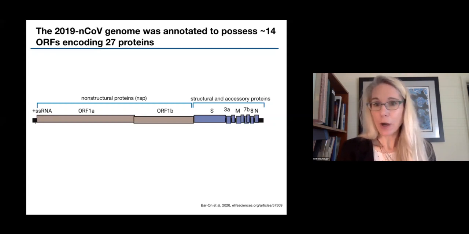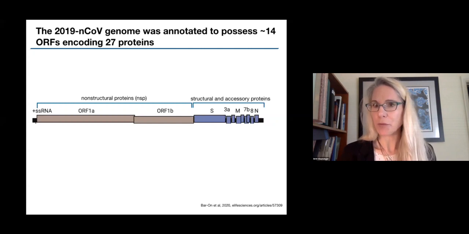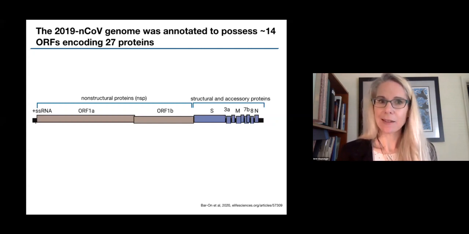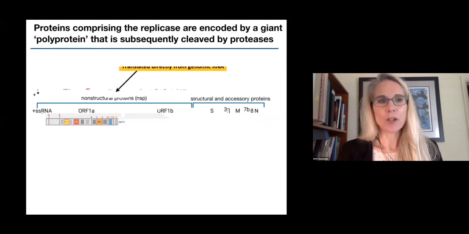It can just encode them on the genome and have them be translated first thing once that viral RNA is deposited into the cytoplasm. And that's what happens for coronaviruses. So how does it get 27 proteins made from a single incoming RNA? So it's just to say that the RDRP is translated directly from the genomic RNA.